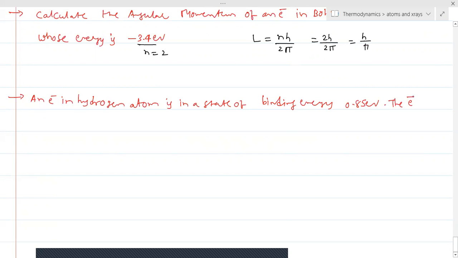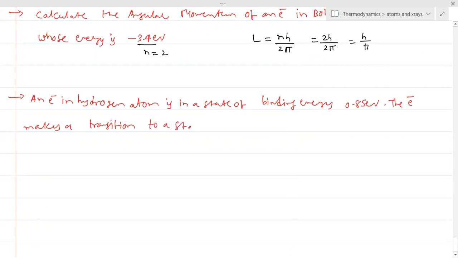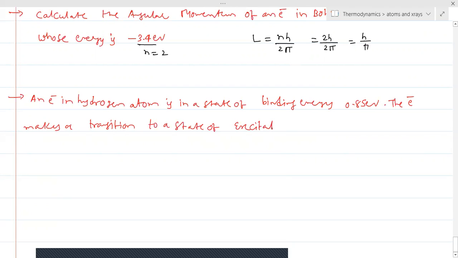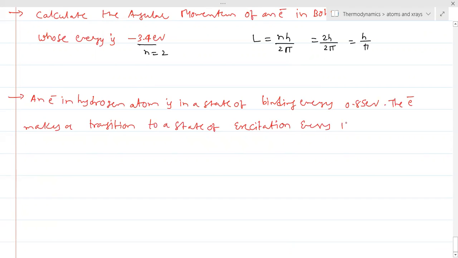The electron makes a transition to a state of excitation energy 10.2 electron volts.